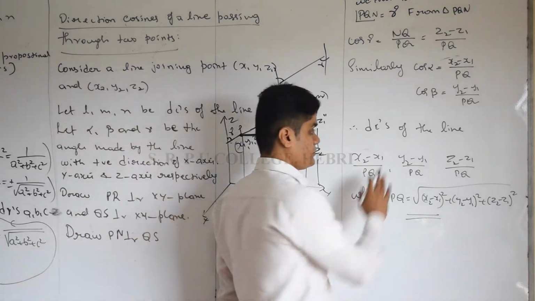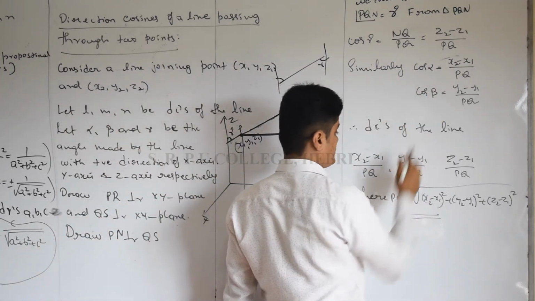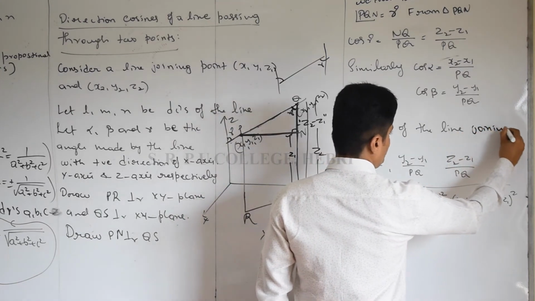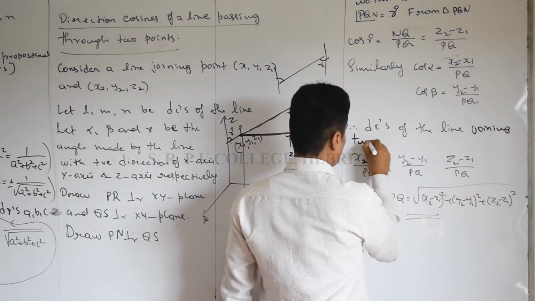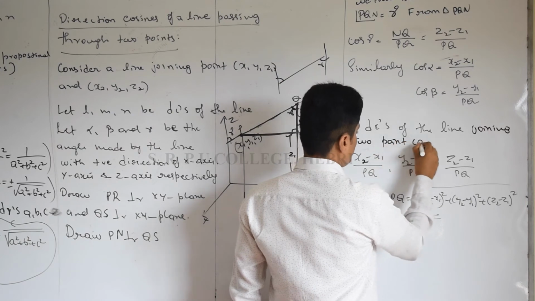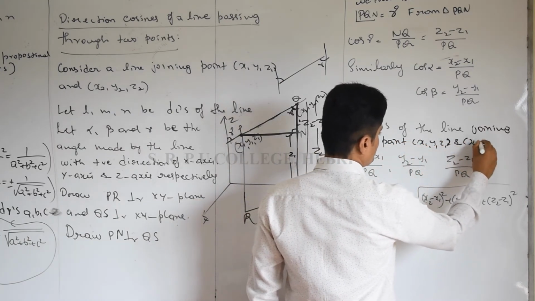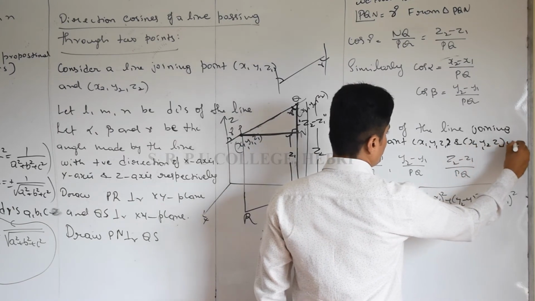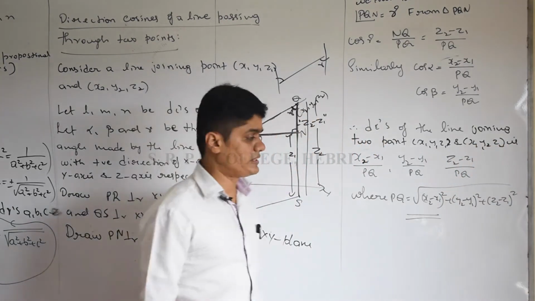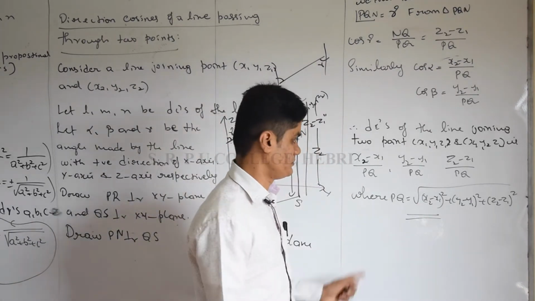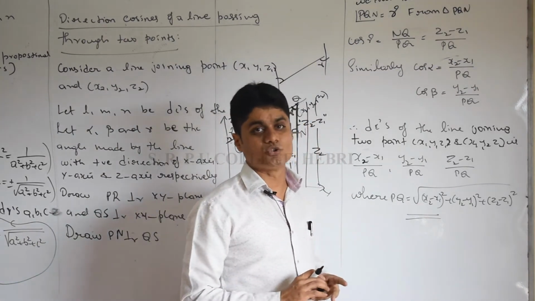So according to the definition, the direction cosines of the line joining 2 points x1, y1, z1 and x2, y2, z2 are x2 minus x1 by PQ, y2 minus y1 by PQ, z2 minus z1 by PQ. Now the question comes, what is PQ here?